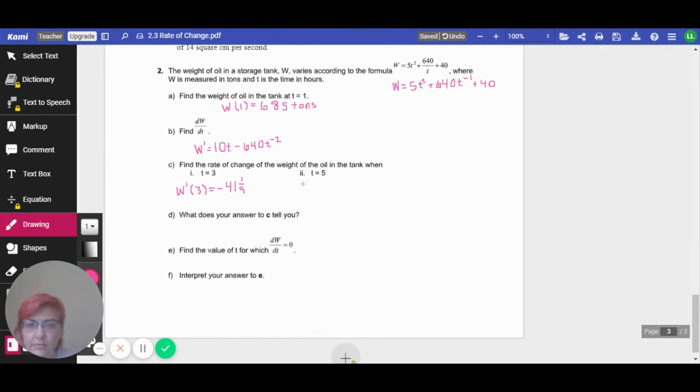Now here, W prime of 5. So let's take 5 and plug that in. 10 times 5 minus 640 times 5 to the negative 2.